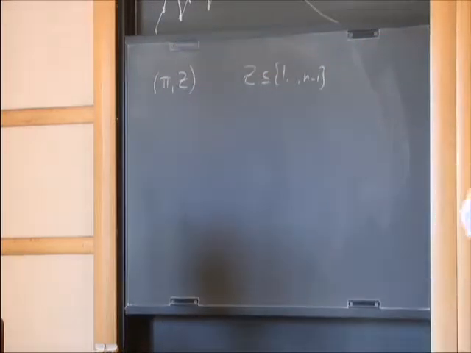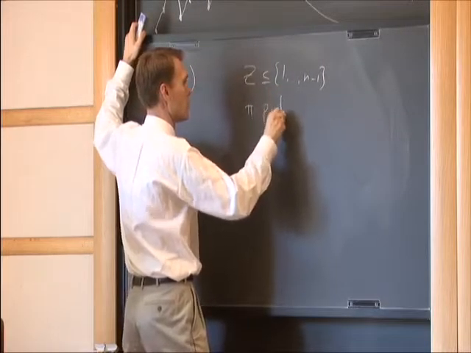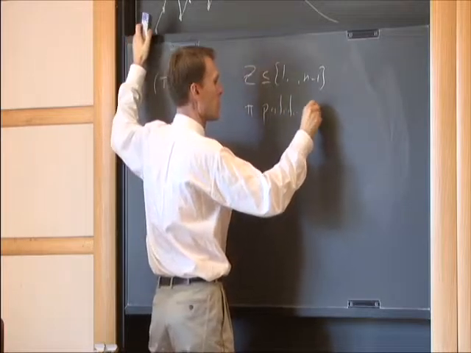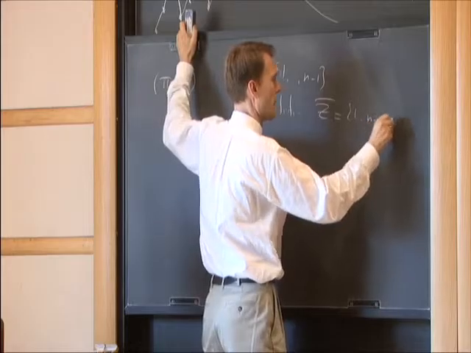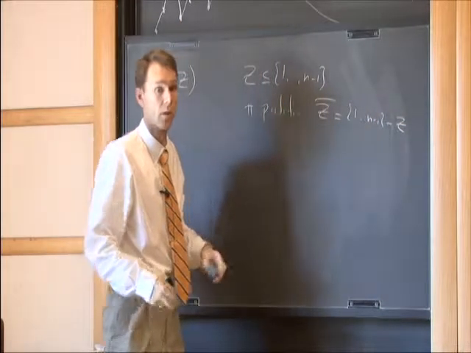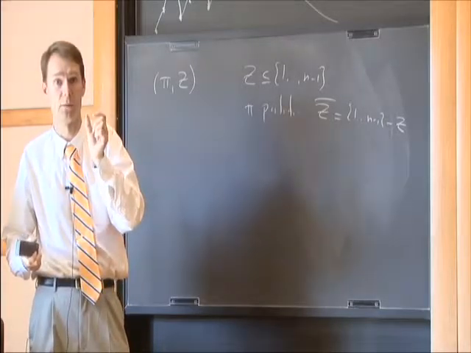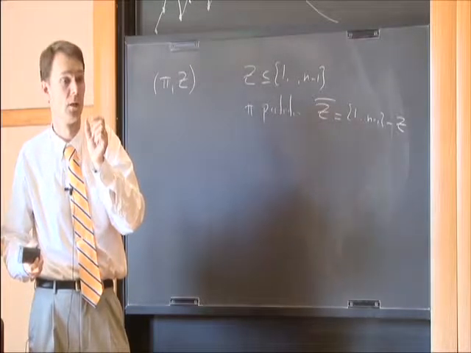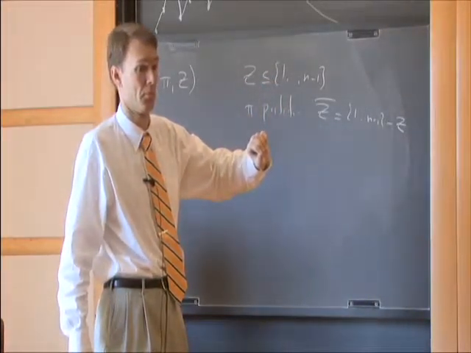Namely, these are the corresponding coordinates which are going to be set to 0. And pi is now a partition of the complement Z-bar. And these are all the blocks with the still non-zero coordinates. So looking at it this way, I get rid of my n.